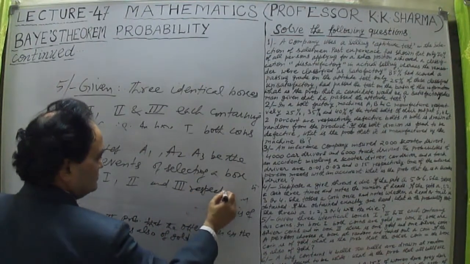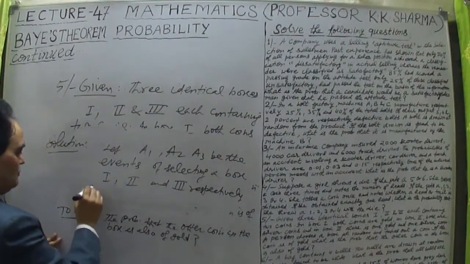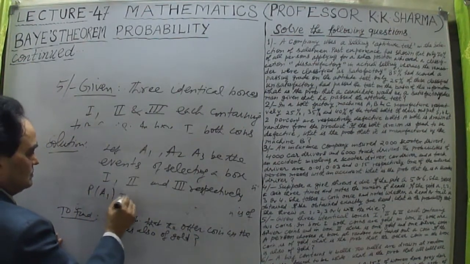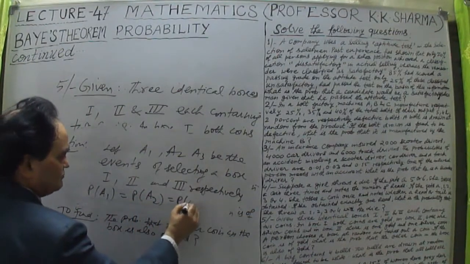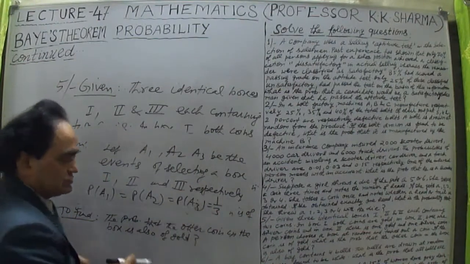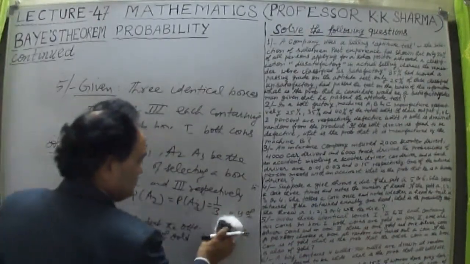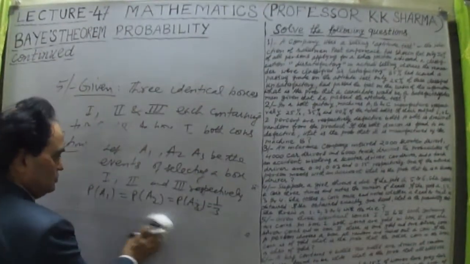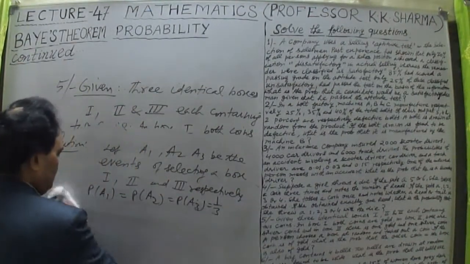These are the events of selecting boxes. Therefore, probability of A1 is equal to probability of A2 is equal to probability of A3 is equal to 1/3. Try to understand why: 3 boxes, out of which one is selected, so the probability is 1/3 each.